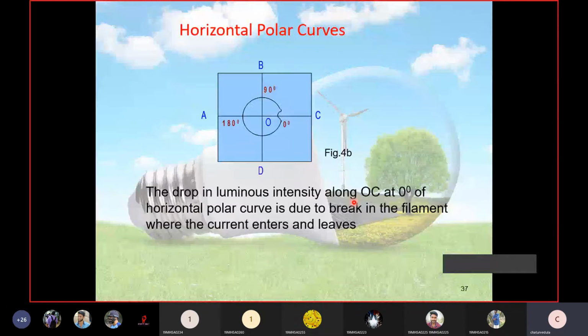The drop in luminous intensity along OC of the horizontal polar curve is due to the break in the filament where the current enters and leaves. Because of the filament break, you are seeing a small variation in the value of luminous intensity.